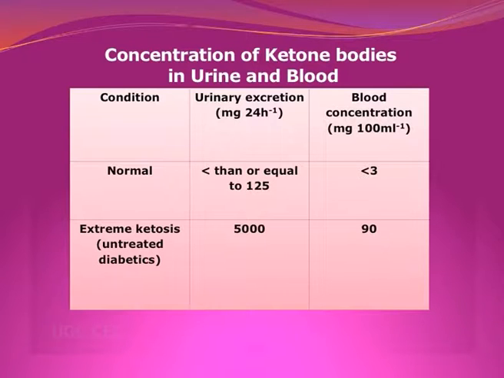Whereas in extreme ketosis, the value increases to about 5000 milligrams in 24 hours. Likewise, the blood concentration of the ketone bodies also increases from less than 3 mg per 100 ml of blood to 90 mg per 100 ml of blood in untreated diabetes mellitus patients.